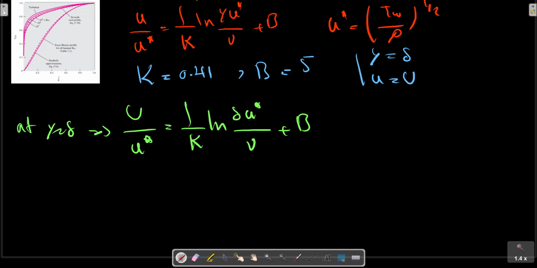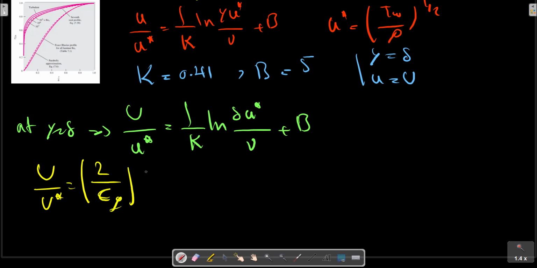But the definition of the skin friction coefficient is such that the following identities hold. So we can assume that U star is a function of the friction.